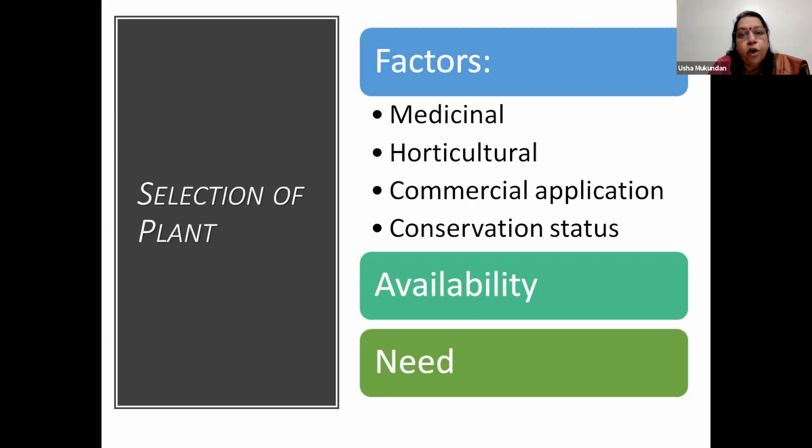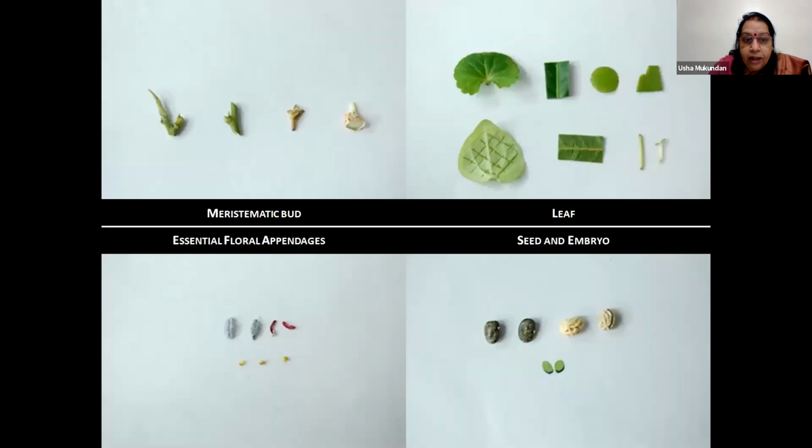So in liquid medium, if you modify the medium constituents, then microtubers or baby potatoes can be developed within the tissue culture medium. So this is to represent what are the different types of explants which can be used. So meristematic can be either the apical bud or the axillary bud, and the leaves.